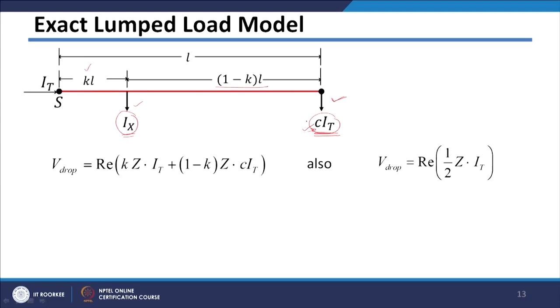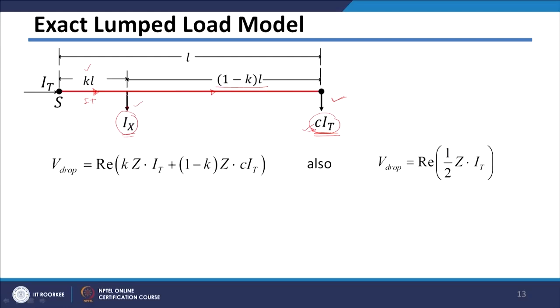Okay, let us write voltage drop equation for this particular configuration. So, we can see that to calculate voltage drop we need to know the feeder currents. So, if you see this, in the first section the feeder current will be total IT, okay, and then the IS current will be dropped in first section.